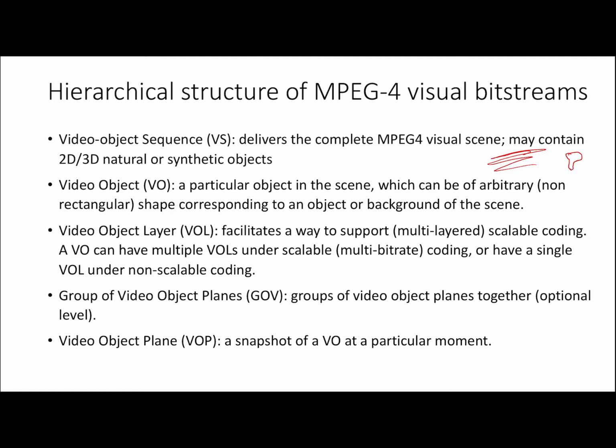This is similar to what we have discussed in MPEG 2. Like we had a base layer on which basic quality information can be presented, and when enough bitrate or resources are available, enhancement layers can be added for improving quality. So this is the layer which is used for scalable coding.